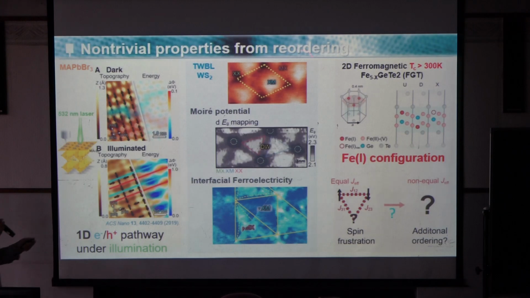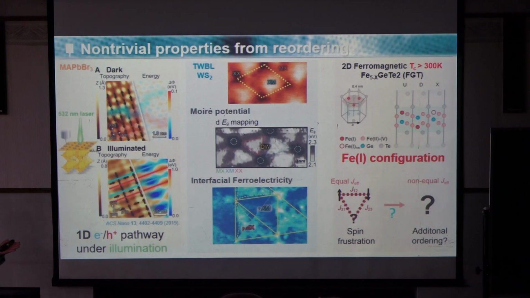And for twisted bilayer WS2, we use STM to reveal the atomic structure of the top layer and the bottom layer respectively. From this information, we know the reconstruction type of the twisted bilayer, and we reveal the surface potential variation corresponding to the moire pattern.